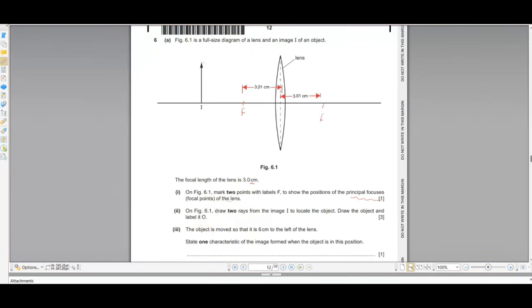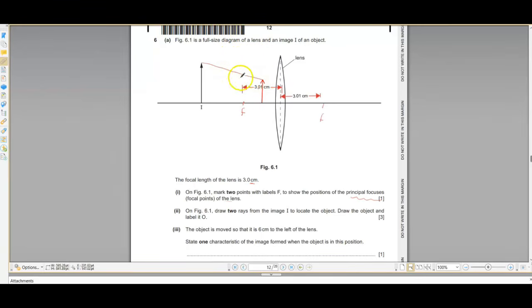In order to draw these lines so that we can draw the object, we can always draw the object over here, since we know that whenever the image is being formed on the same side as that of the object, on this side of the lens only, and it's upright and enlarged, the object has to be between the optical center of the lens and the focal point of the lens. Okay, so we can always draw this object over here, and then we can draw our lines from it.